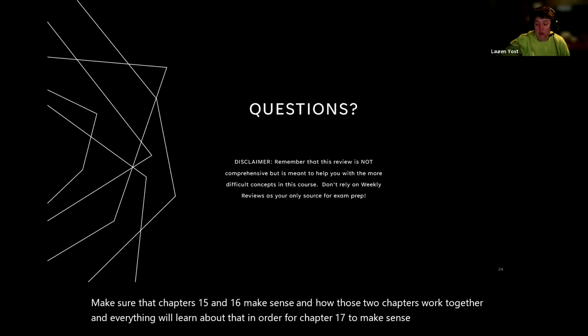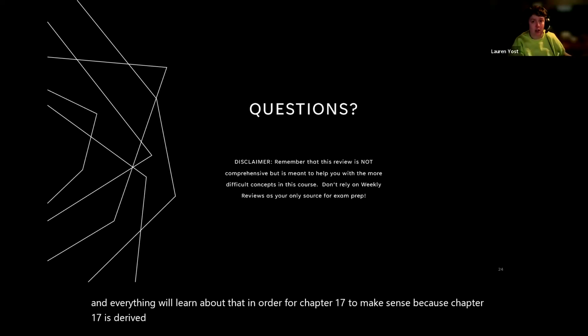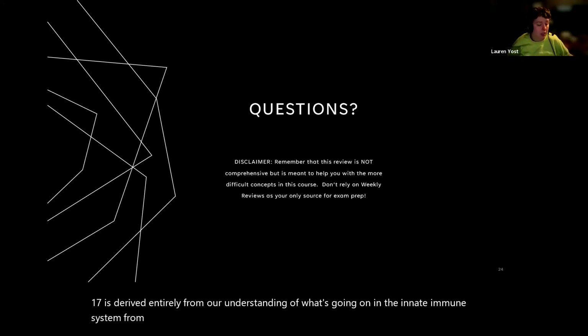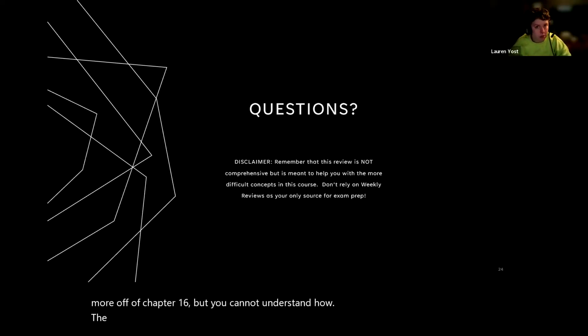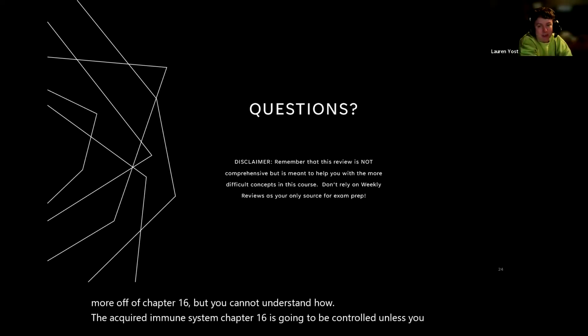Chapter 17 is derived entirely from our understanding of the innate immune system from chapter 15 and the acquired immune system in chapter 16. It really plays a lot more off of chapter 16, but you cannot understand how the acquired immune system is controlled unless you understand how the innate system leads into that.